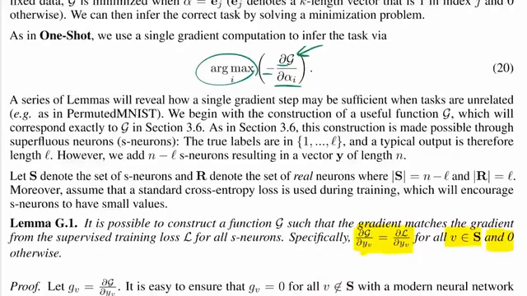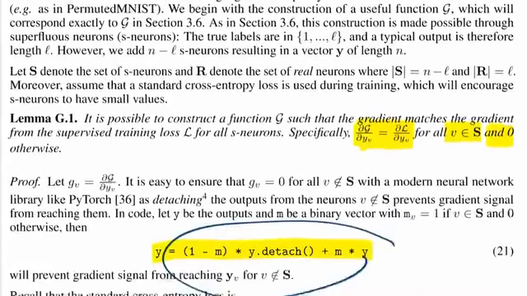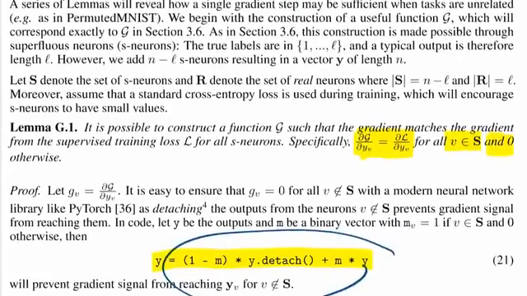We want a function g that is kind of equal to the supervised loss if we had the task ID. And that's pretty cool, because for the supervised loss you need all the information. You need the label. You need the task ID. So the supervised loss is unavailable, but we want a function g that in its gradient mimics the supervised loss. So they go about constructing this right here.